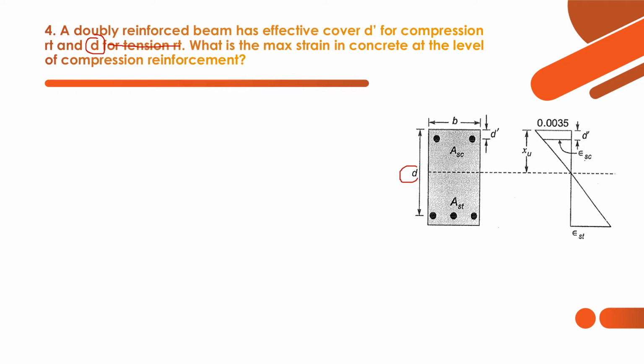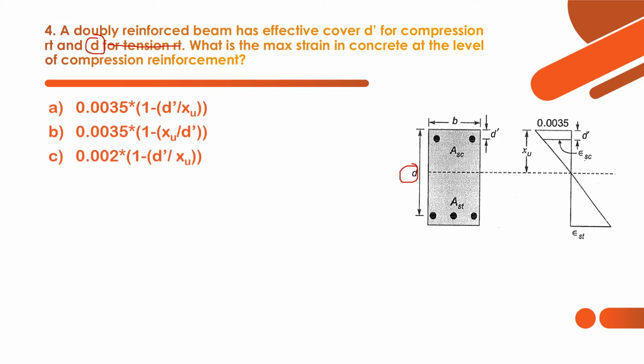So here it is mentioned clearly. We have to calculate the maximum strain in concrete at the level of compression reinforcement. What is the formula for it? Options are given. Choose the best answer.